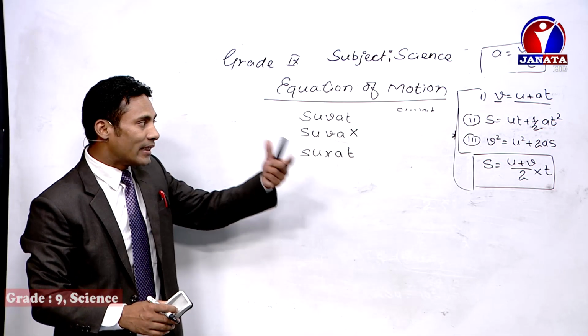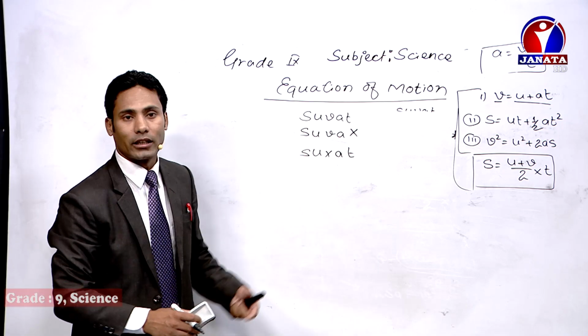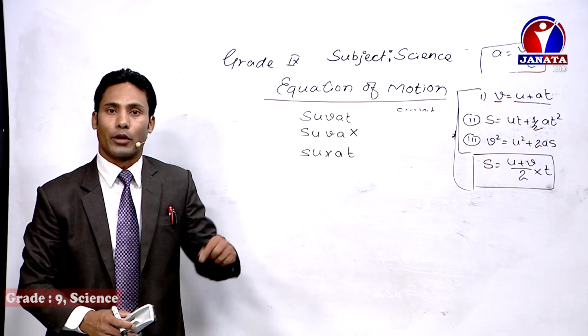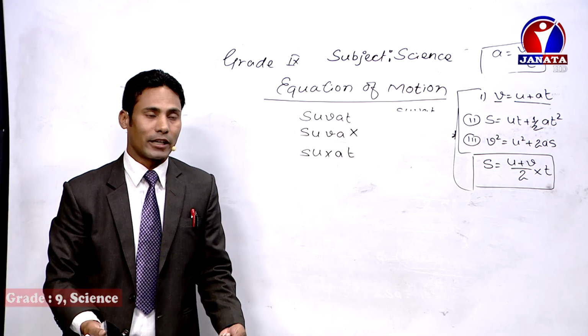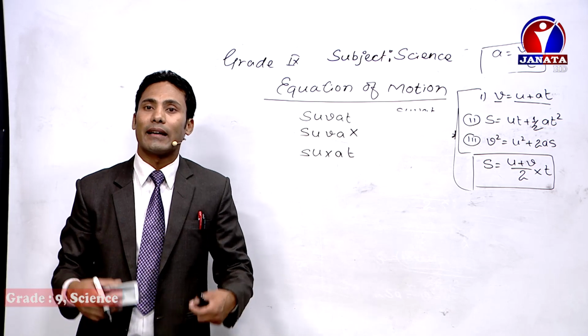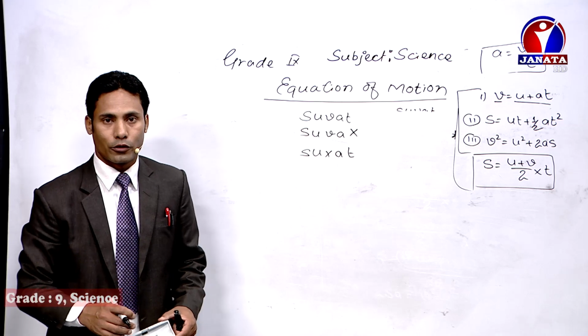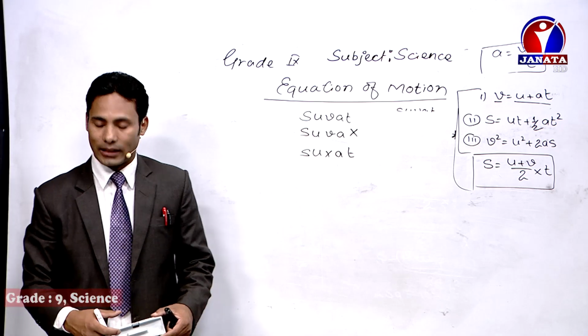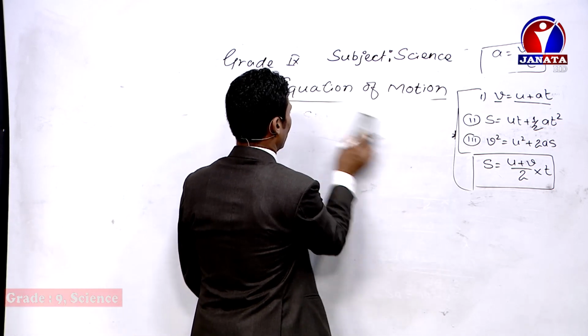So in this way, we can choose the correct formula for solving the numerical problem. And I have already said, if the vehicle starts from rest, the initial velocity is 0. If the vehicle comes to rest after applying the brake, the final velocity is 0. So remembering these things, let's solve some numerical problems related to these equations of motion.